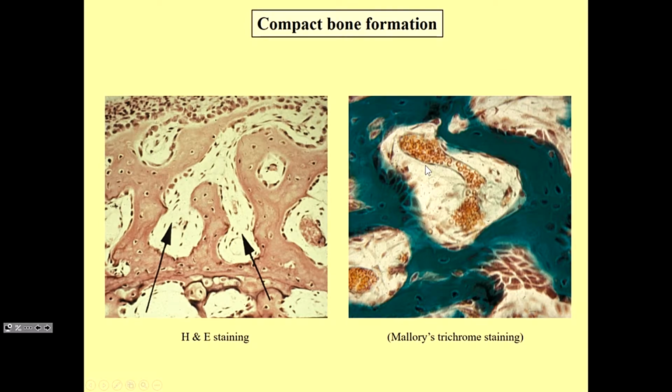So compact bone can form from spongy bone by the fusion of some of these trabeculae. Like if this and this fuse together, we're going to trap a blood vessel like this. You can see it fusing together. You trap a blood vessel. This would be the very beginning, perhaps, of some compact bone.